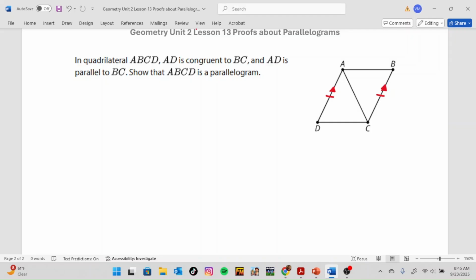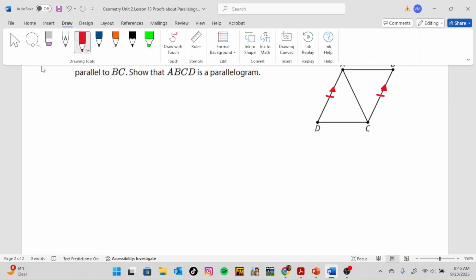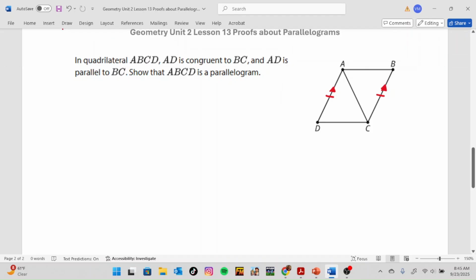So I know that I have AD and BC parallel to each other. Let's go ahead and write that as the first step.